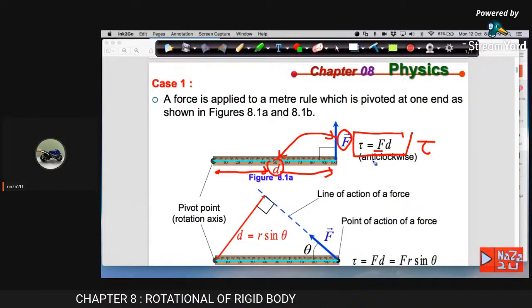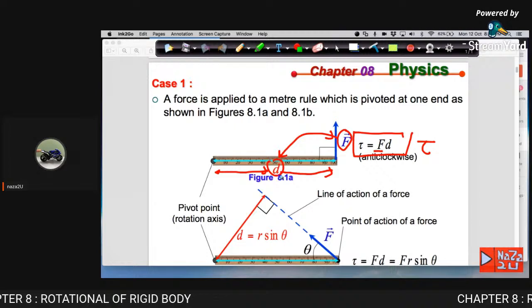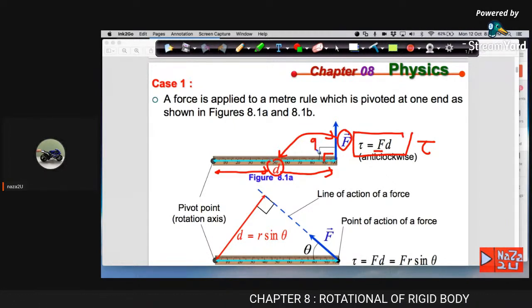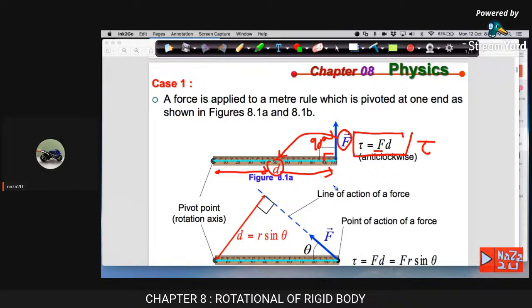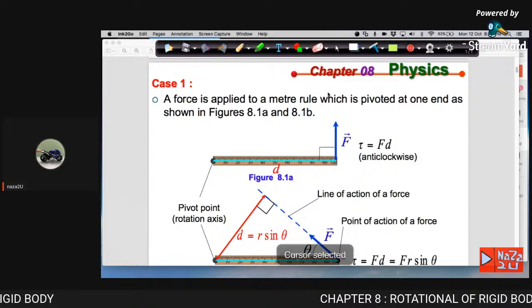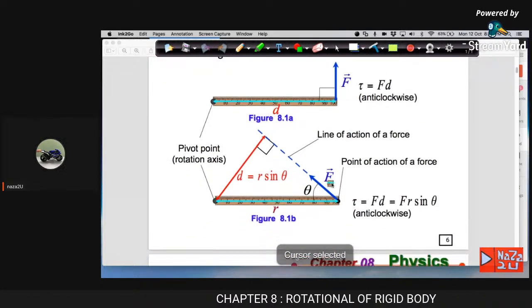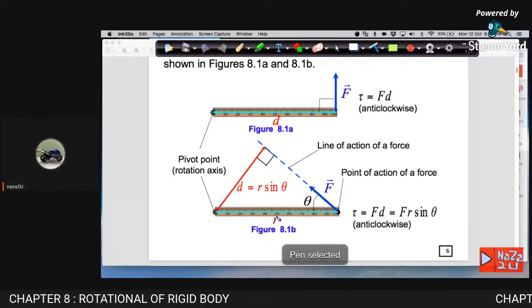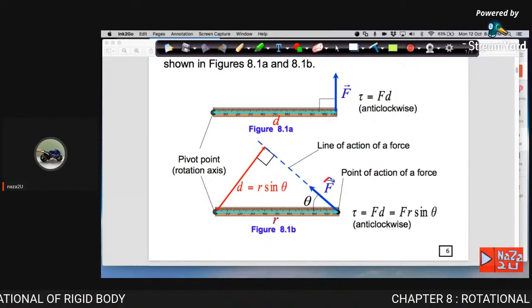But the angle between D, the distance, and the force is always 90 degrees. Right? 90 degrees. So if you look at the second situation here, we have the ruler and we have the force.